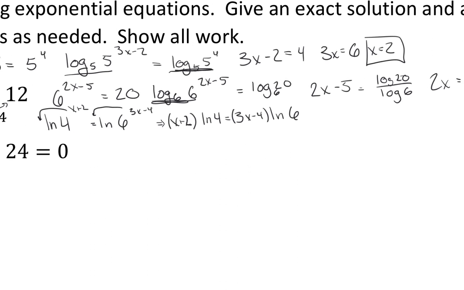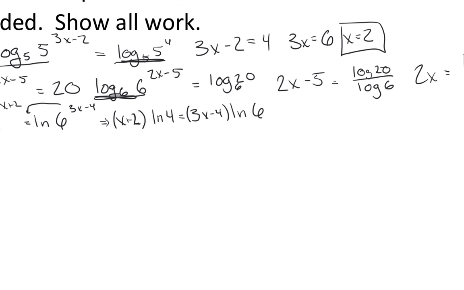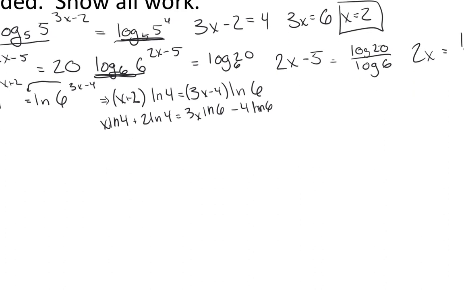x minus 4 times the natural log of 6. And now we are going to multiply each side. So that's going to be x ln of 4 plus 2 ln of 4, and then we're going to get our x's on the same side.